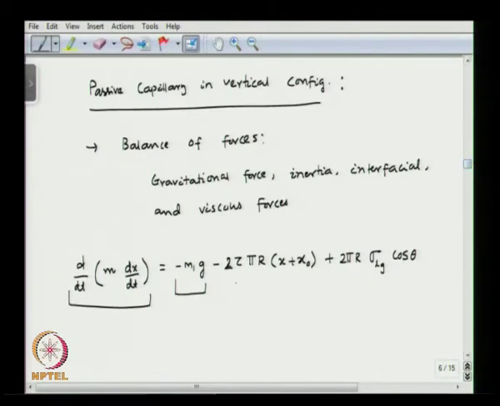And this is the viscous force, and this is the surface tension force.